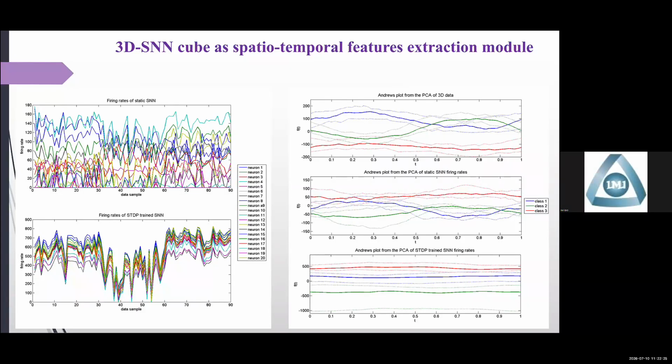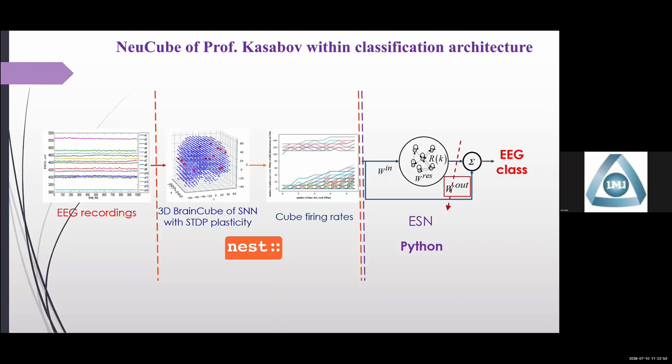This is before STDP, the spiking neural network, and this is the STDP trained neural network. So this is a proof of concept that we can use spiking neural networks to cluster data in a more natural way, not using such complicated mathematics, because our brain also probably uses this way of clustering information.